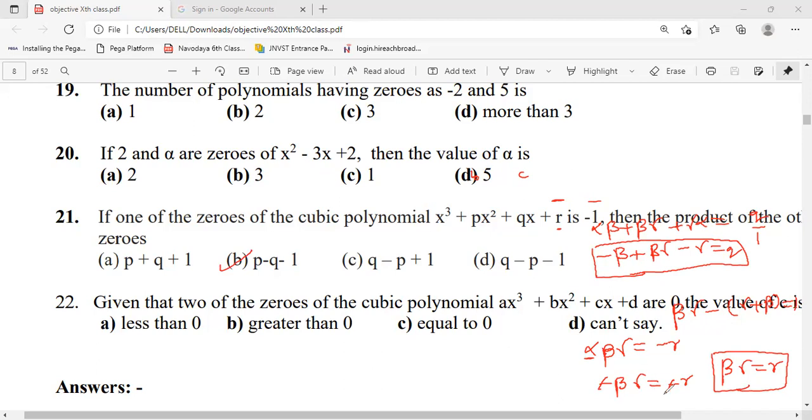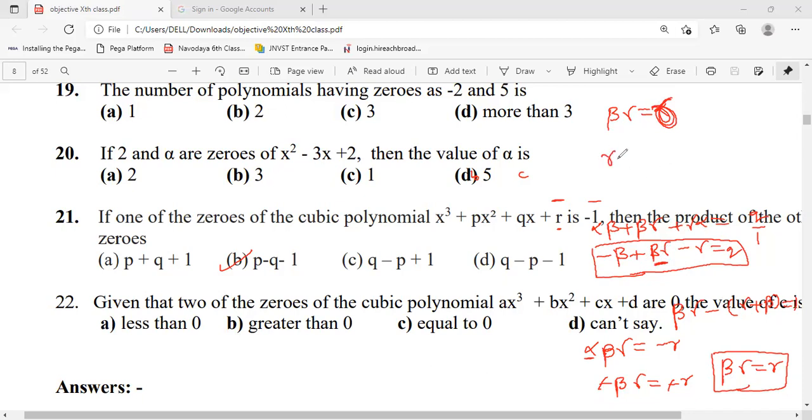Okay. Next, last one. Here beta gamma is equal to r we got. Just you substitute here.